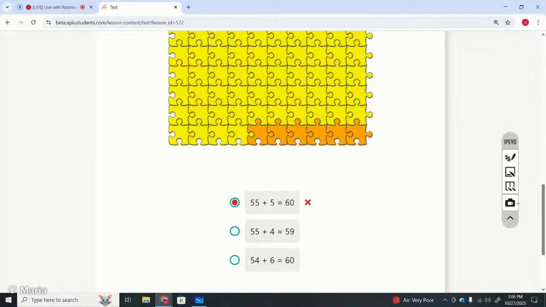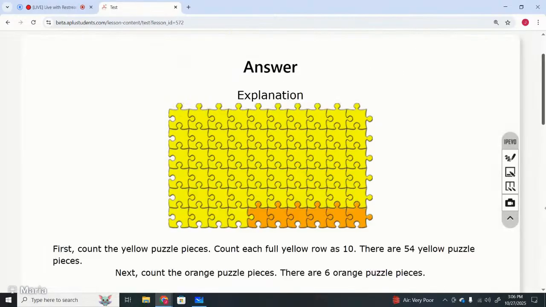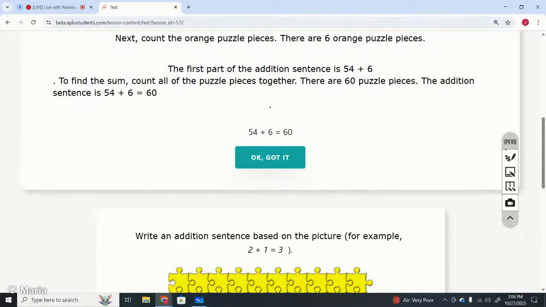Actually, it is option number 3. I selected the wrong option. Sorry. That is 54 plus 6.